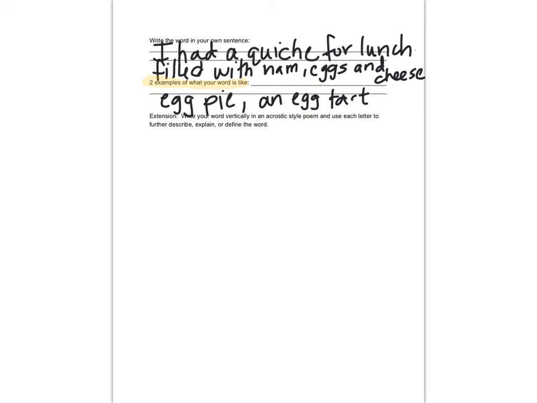I actually make quiche, so another type of example of a quiche, one of my favorite kinds is called quiche Lorraine. That's an actual recipe that includes spinach and ham and eggs and cheese in a pie crust. So this is a specific example. So when you're doing your examples, do not just list two more synonyms. Try to think of nouns, things that your word is like.